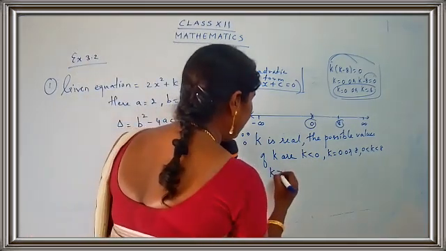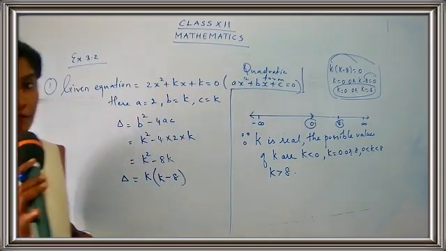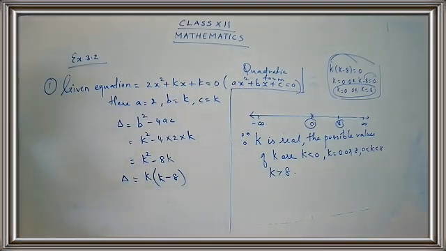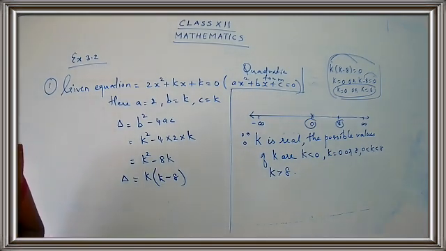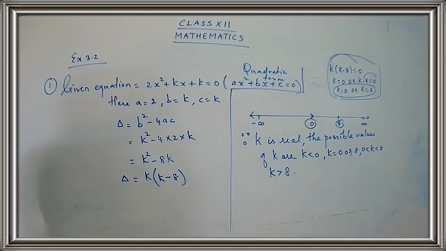Add on K greater than 8. So these are the 4 possible values. What are the 4 possible values? K less than 0. That is one thing. The second one is K is equal to 0 or 8. The third one is K lies between 0 and 8. And the last one is K greater than 8.